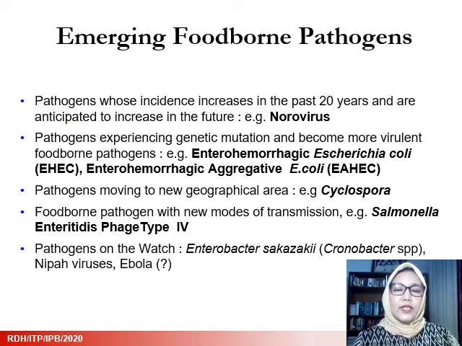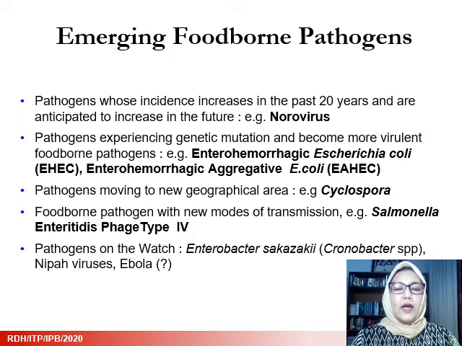In the past few years, people found new pathogens or old pathogens that behave differently or cause a different kind of illnesses. This group of pathogens is classified as emerging foodborne pathogens. There are several classifications of emerging foodborne pathogens.